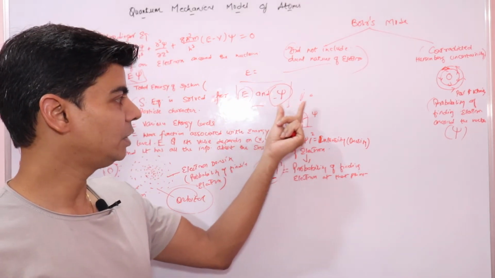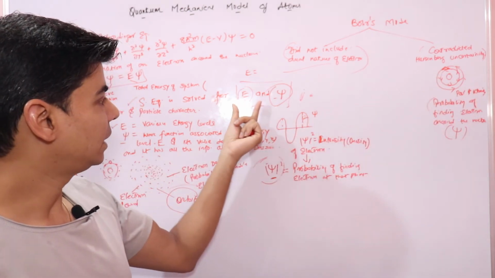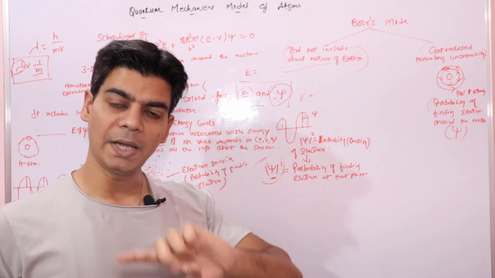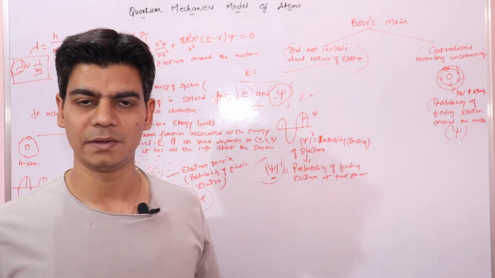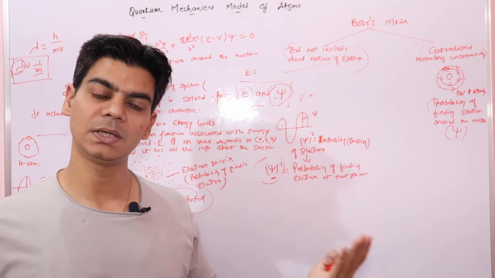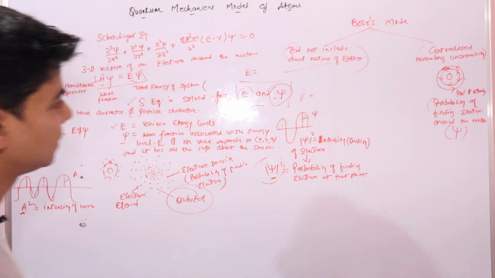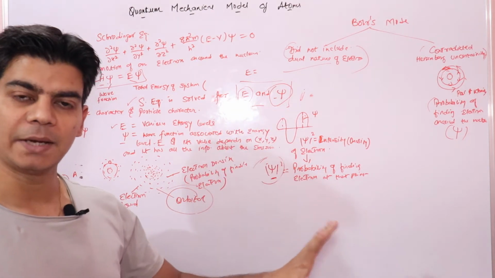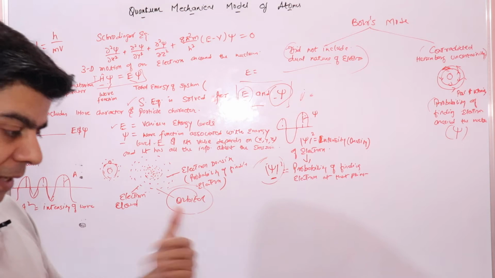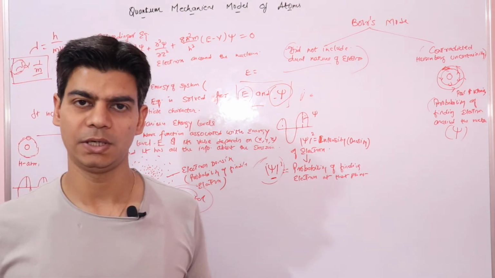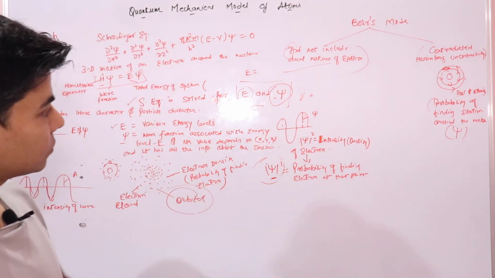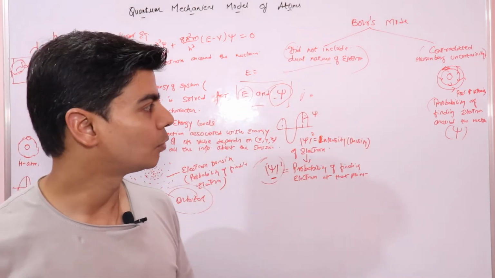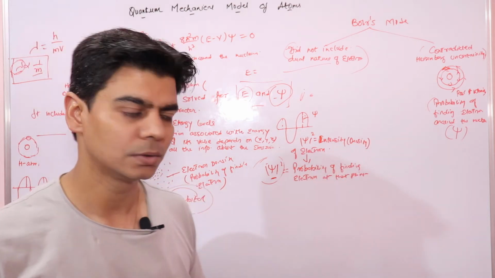So using the value of psi we got the orbital, and the value of E gave us the energy levels, which are quantized energy levels. By quantized we mean that they can have only certain specific values, right? So we have applied quantum mechanics here, which takes into account the wave nature of electrons as well, right? So the wave nature of electron or the dual nature is included in the wave mechanical model. So these two contradictions are removed, right?